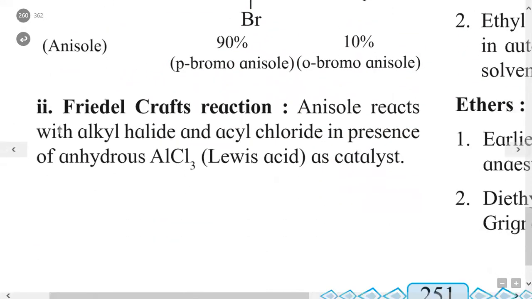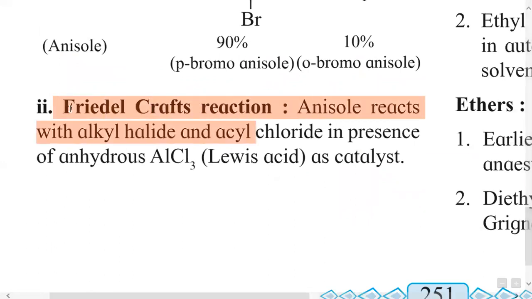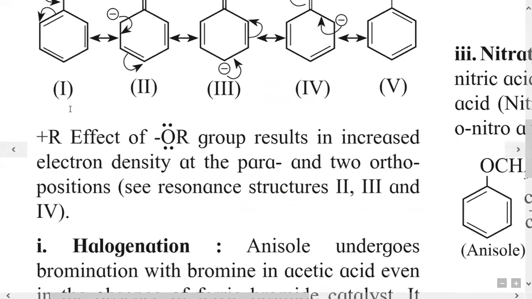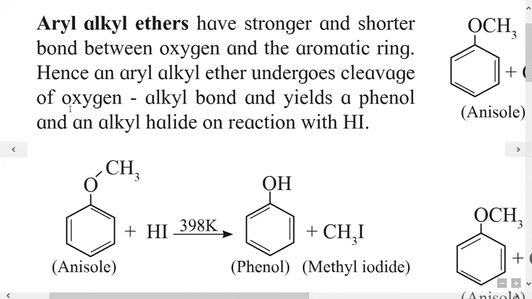The next important reaction of ether is Friedel-Crafts reaction. There are two types of Friedel-Crafts reaction: alkylation and acylation. This Friedel-Crafts reaction takes place in the presence of anhydrous AlCl3, a Lewis acid catalyst.